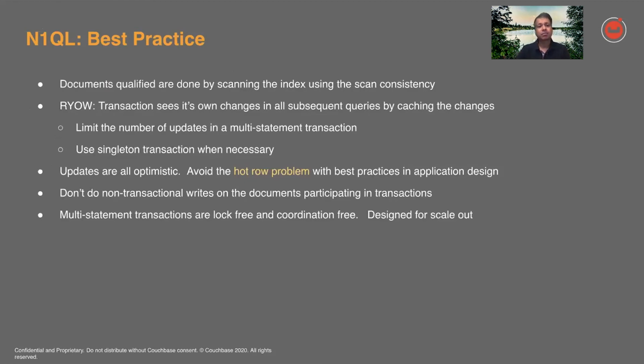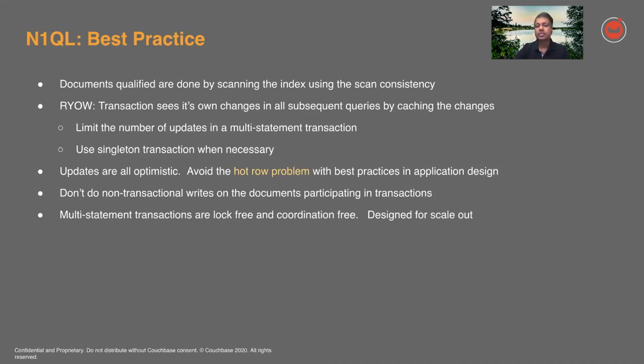N1QL transactions best practices. Documents qualified are determined by scanning the index using the scan consistency, and request_plus is the default scan consistency, so that when you commit something, the subsequent transactions see all the changes committed by the previous commit statement or previous transaction.